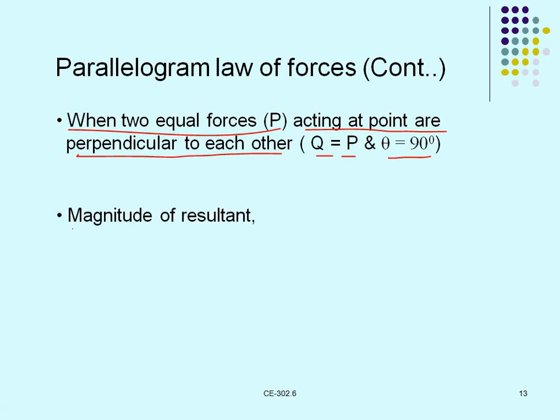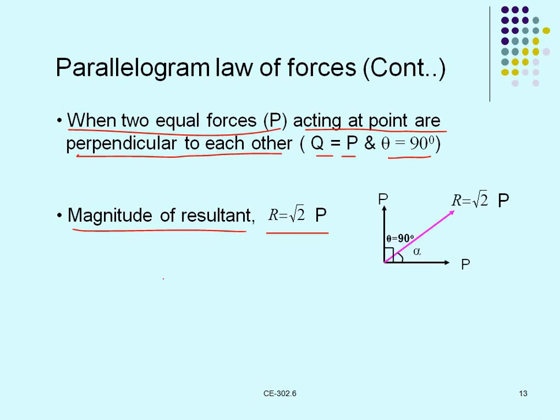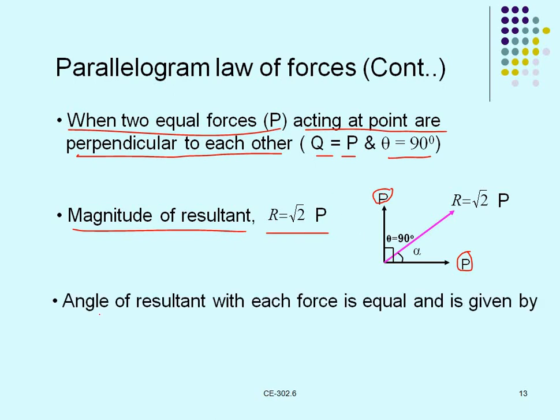That means the magnitude of the resultant R is equal to root 2 times P. Here we can see P and Q in their directions, and the resultant represents root 2 of P. For two equal forces, Q is equal to P and theta is equal to 90 degrees, so the angle of the resultant with each force is equal and is given by alpha equal to 45 degrees.